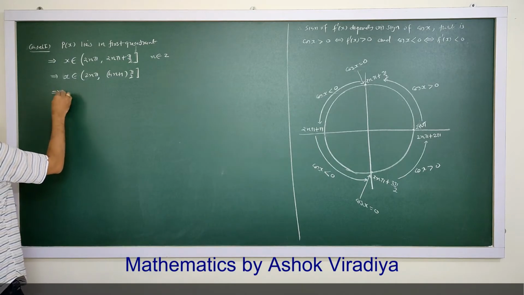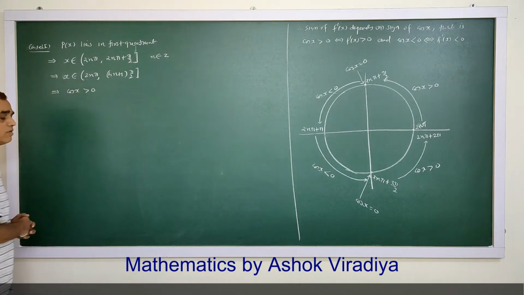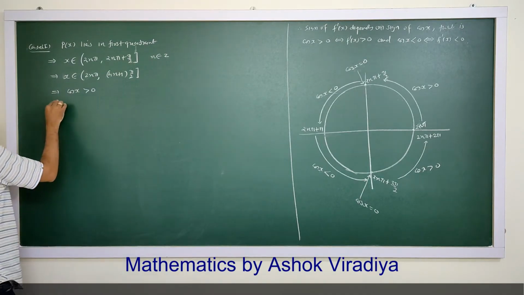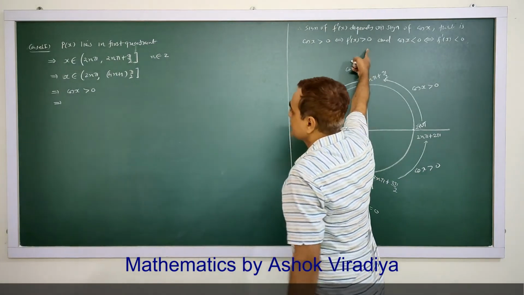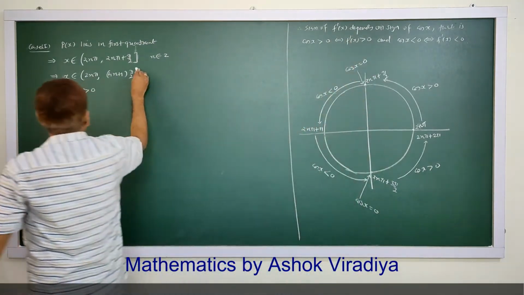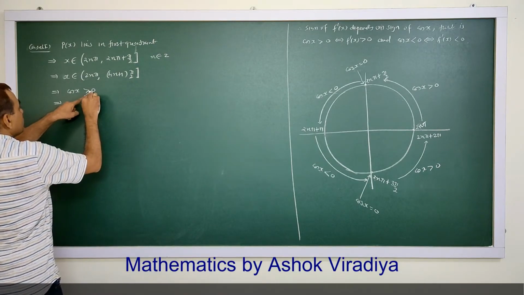In this interval, cos x is positive, and because we are including this number, it can be equal to 0.